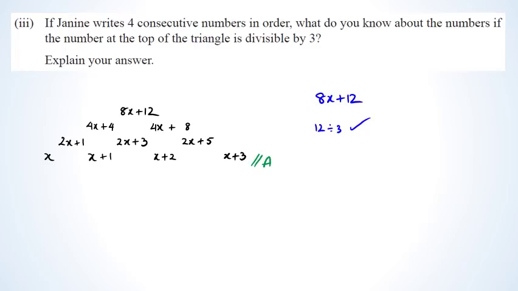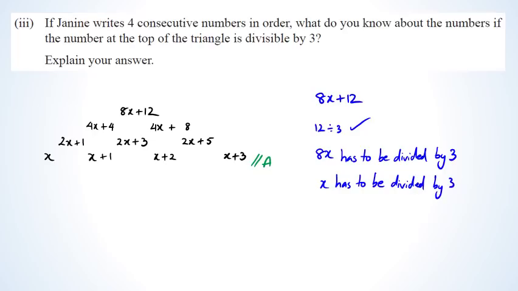Which means if the top number is divisible by 3, then 8x also has to be divisible by 3. We know that 8 can't be divided by 3, but x has to be divisible by 3 for the whole number to be divisible by 3.